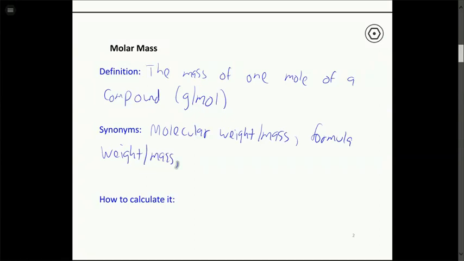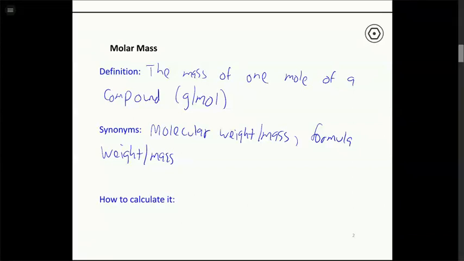Those are probably the ones you'll actually see. Technically speaking, if it's a molecular compound, you could use the terminology molecular weight. If it's an ionic compound, formula weight is probably more appropriate, but they will often be used interchangeably, so don't let that confuse you. They all mean the same thing.